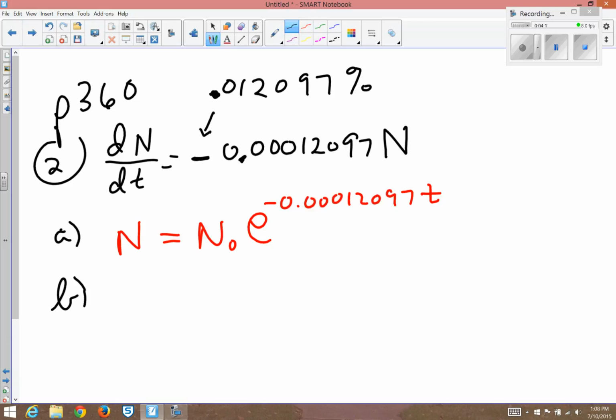Part B. Suppose 200 grams of carbon-14 is present at time t equals 0. The amount of carbon-14 at time 0 is given. Put that number here, 200 grams. How much will remain after 800 years? 800 years is time.